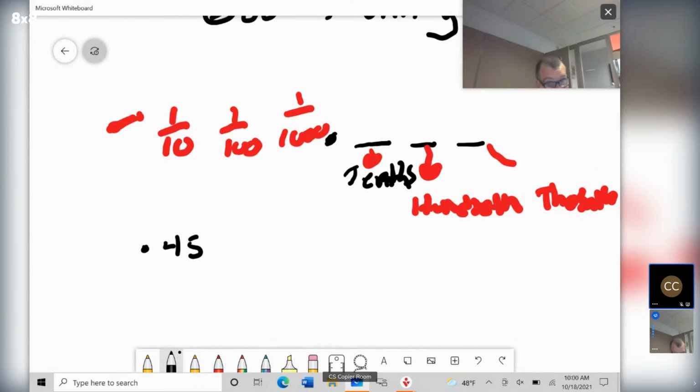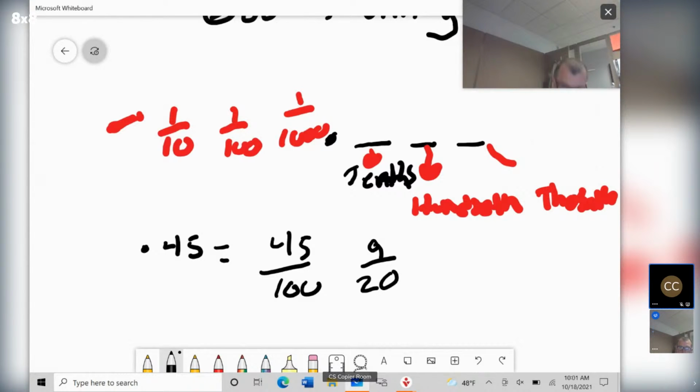So we're going to put this 45 over 100. And then we're going to reduce this fraction. We know 5 goes into 45 9 times, and 5 goes into 100 20 times. So 0.45 would be written as 9 over 20.